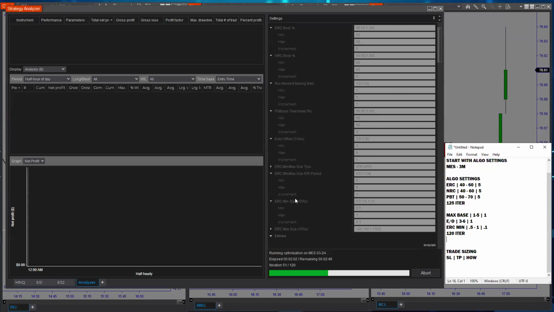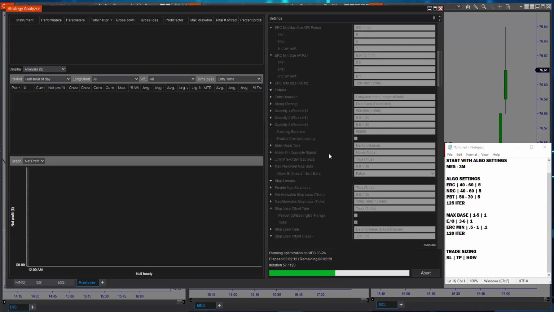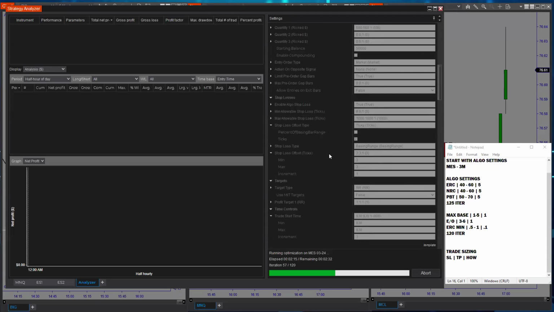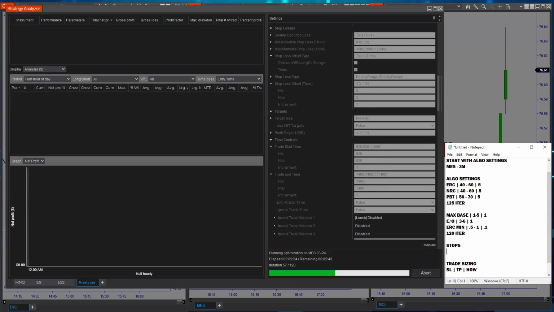So let's start looking at what we would want to optimize next, and we'll just start putting some things together on that. So let's go ahead and scroll down if it'll let me. Okay, so I want to optimize the stop, and I want to optimize based on tick offset. And then I want to optimize risk reward for the targets.